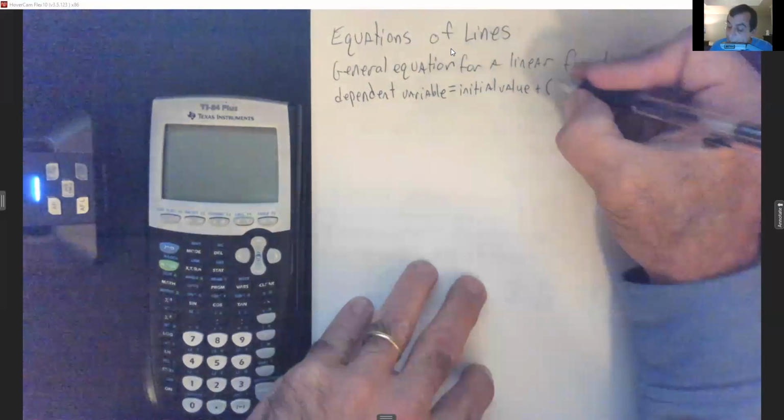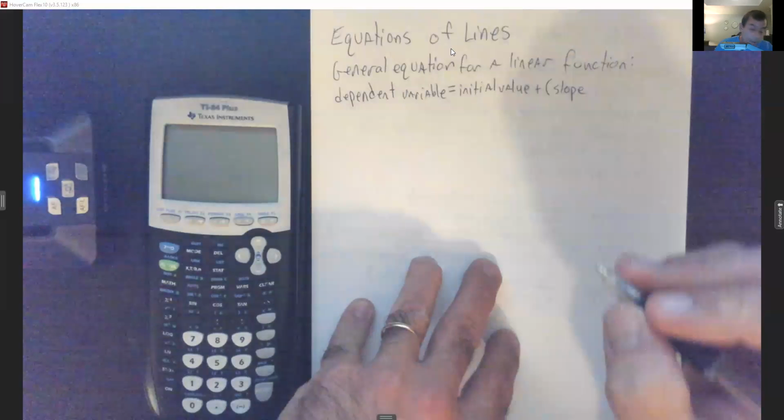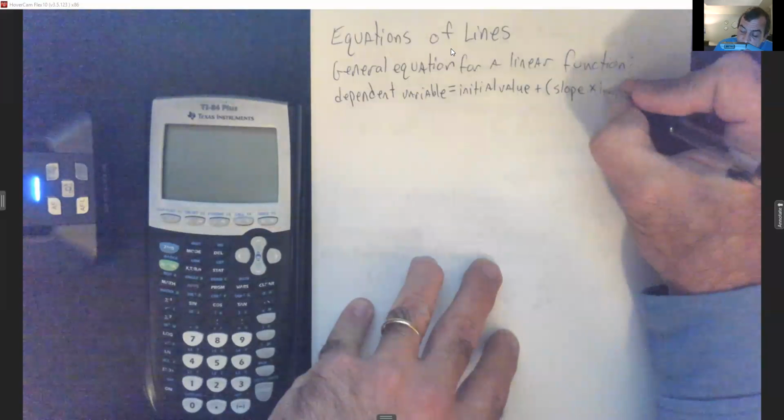And remember, my rate of change is also my slope, times my independent variable.